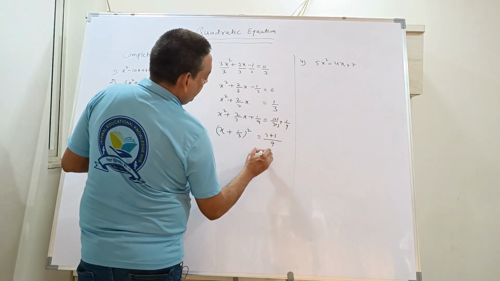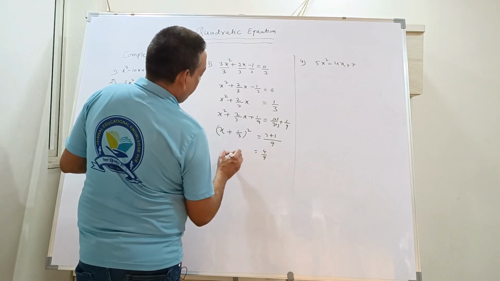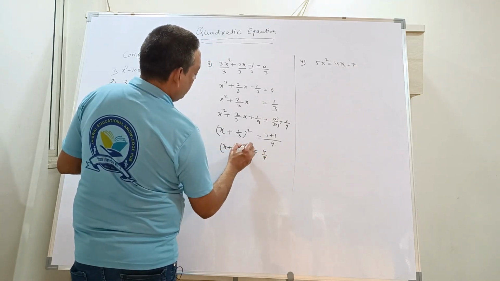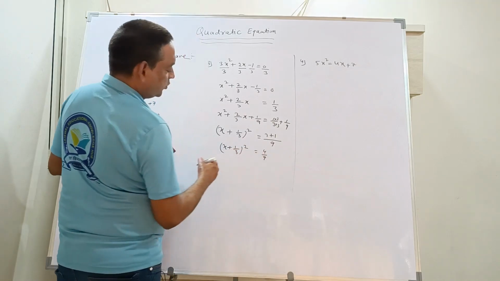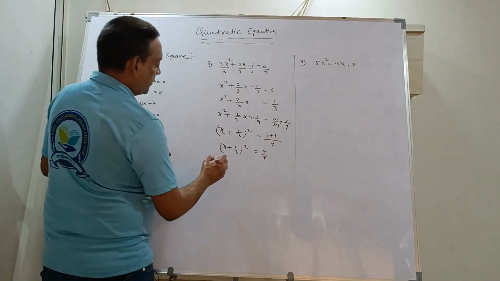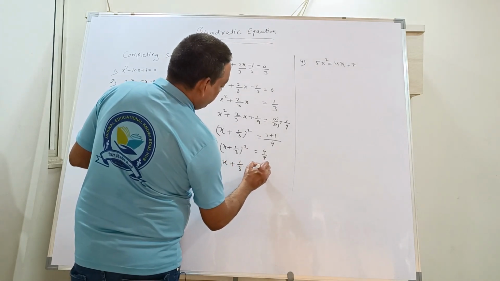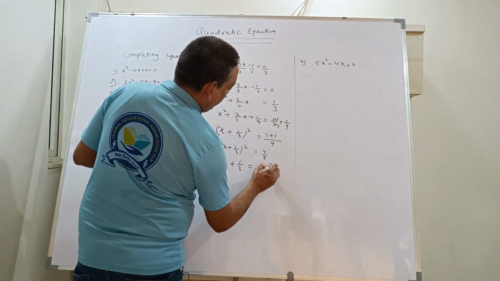So now we have 4 upon 9. Now we'll take the square root on both sides. So x plus 1 upon 3 is equal to plus minus 2 upon 3.